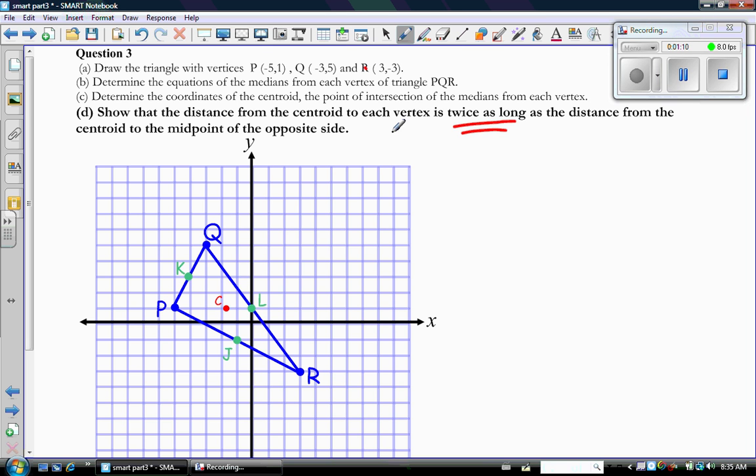Let's make sure we understand clearly that when we have a vertex, let's look for example at vertex Q, there is a related midpoint on the opposite side.